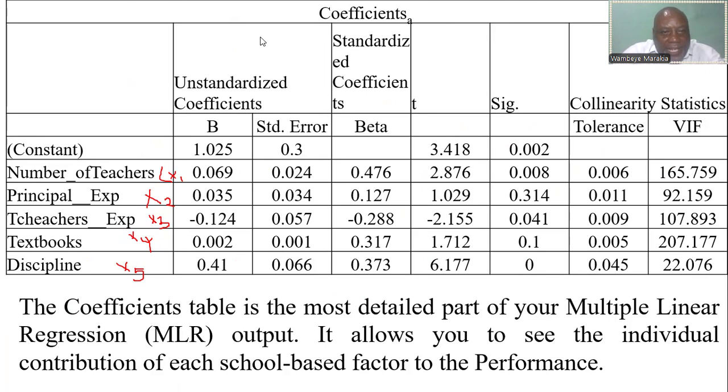You see teacher's experience here, it has this significance here, 0.08, and the principal's is 0.314, and teacher staffing level is 0.08, and teacher's experience here is 0.041, and the textbook is 0.1, and the discipline is 0.0.